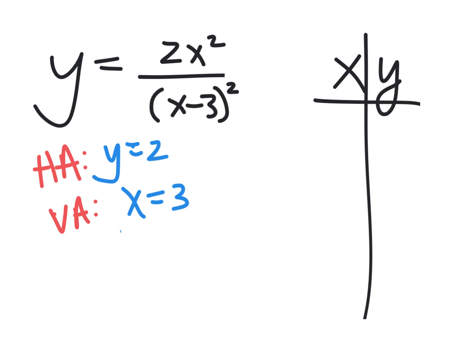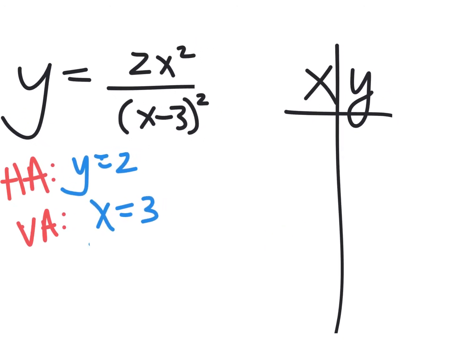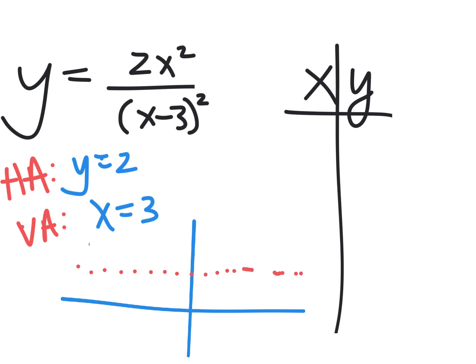Okay, so now the harder part, find me points. I'm going to give you a whole bunch of numbers to put in because this is how you do it in the real world. You know there's asymptotes at 2 and 3, so everybody make a quick sketch of that. Y equals 2 is a dotted line going across here, and x equals 3 is a dotted line going down here.